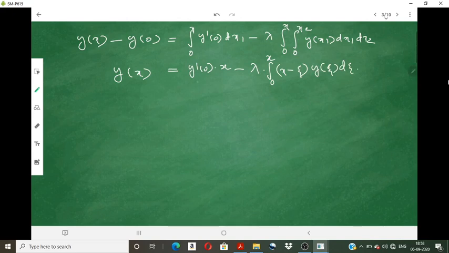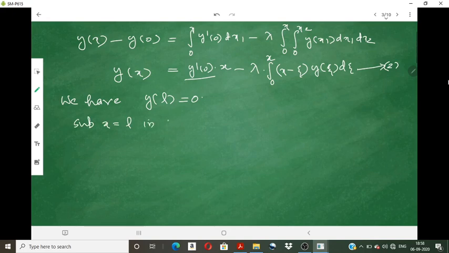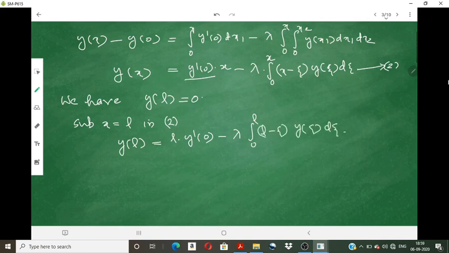Now in order to find y dash of 0 we use the boundary condition y of L equal to 0. So this is our y of x, equation number 2. Substitute x equal to L in equation number 2. We get y of L is equal to L into y dash 0 minus lambda integral 0 to L of L minus theta y theta d theta.